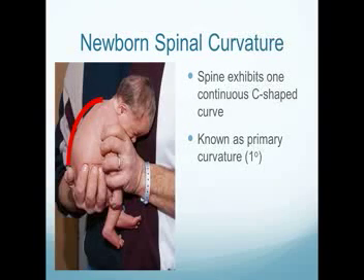All infants, when they're born, have, as this picture is demonstrating, a C-shaped spinal column. And the reason for that is a multitude. One being they don't have the musculature to help support the head or the lower back and subsequently the lumbar region. So this creates a C shape in the spinal column.